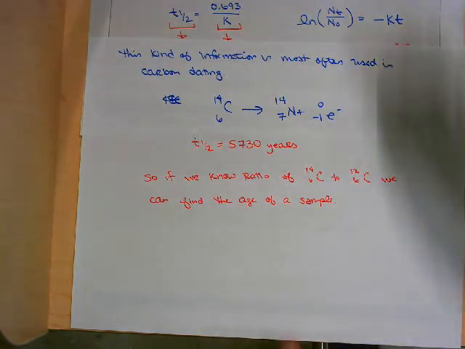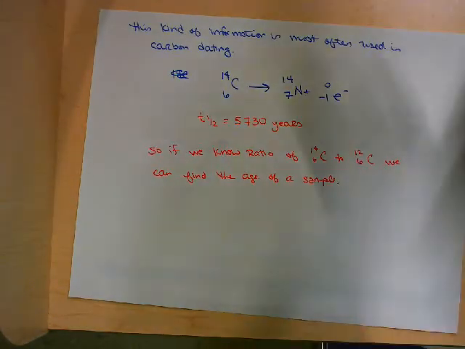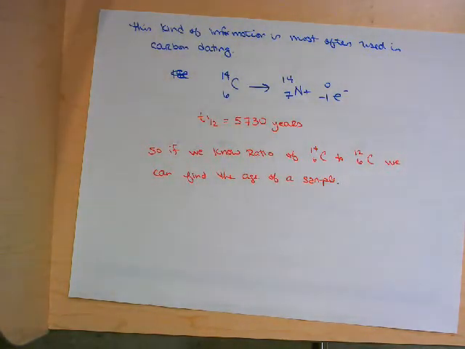So if we know the ratio of the two types of carbons, we can then go in and figure out the age of the sample. A pretty good estimate, at least, of the age of the sample.